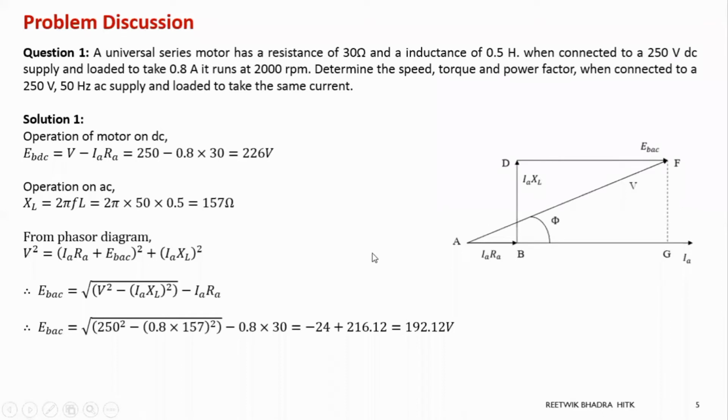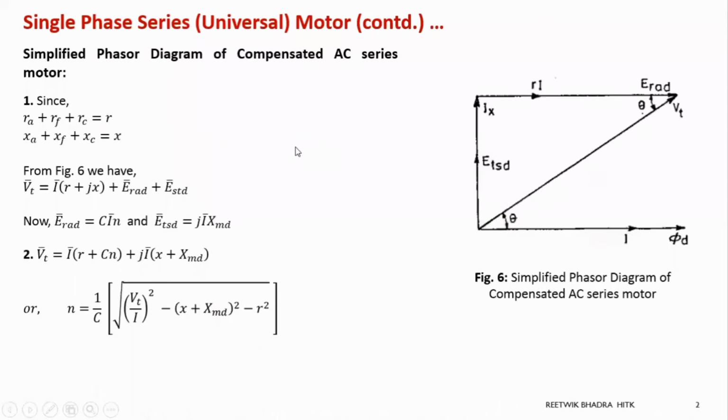The most important thing is this problem. So how to approach a problem of a universal series motor. Now, in a universal series motor, the resistance is given as 30 ohm and the inductance is given as 0.5 ohm. Now if you look into the problem over here, this I and X are all directly given, right?